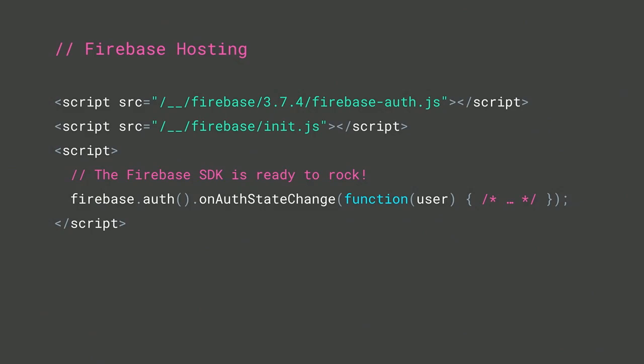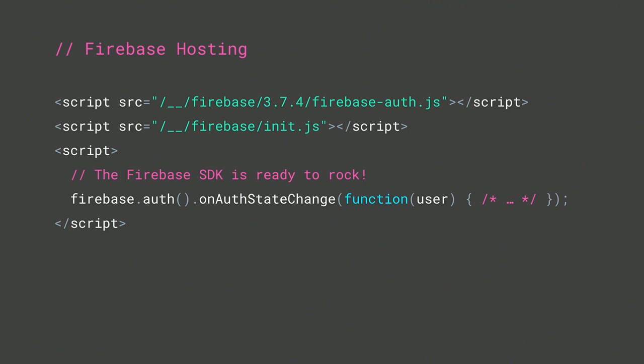So let's take a look at Firebase hosting. Firebase hosting lets you host static files. That can be your HTML, your JavaScript. But if you are using something like the Firebase SDK, which I hope many of you will be using or else will get a chance to play with soon, then you need to configure that SDK.